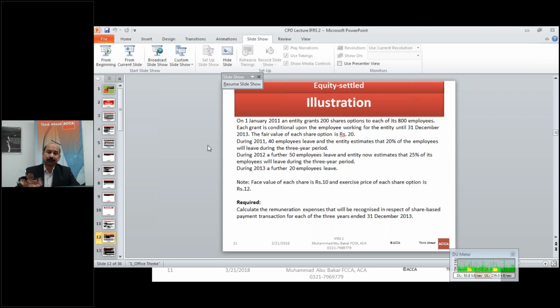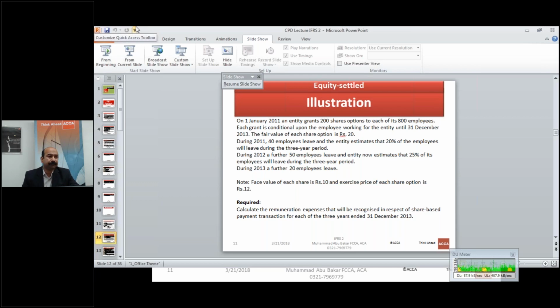Of course, that is automatically reversed in the future calculation. Like in year 1, you were recognizing 853,000, and because now we expect more employees will leave, that affects the calculation of the expense for the second year. That is benefiting the company, in fact. A reduction in the expense is showing this effect.